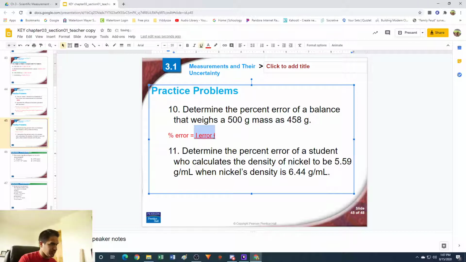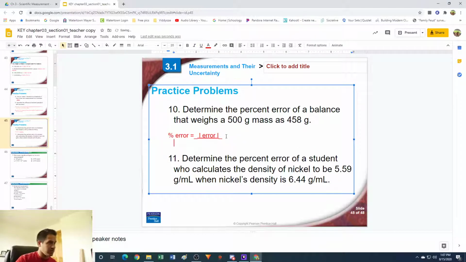We're going to try to do our best to put an equation in here, even though it's going to look a little bit weird.